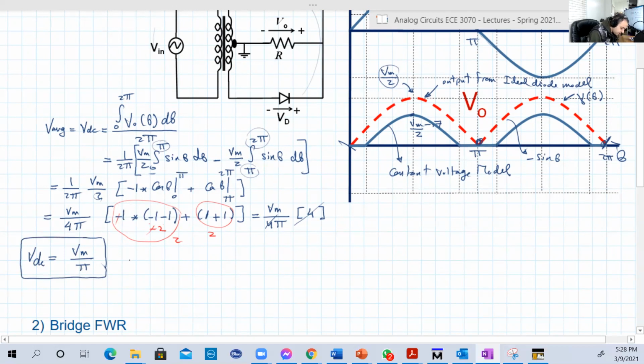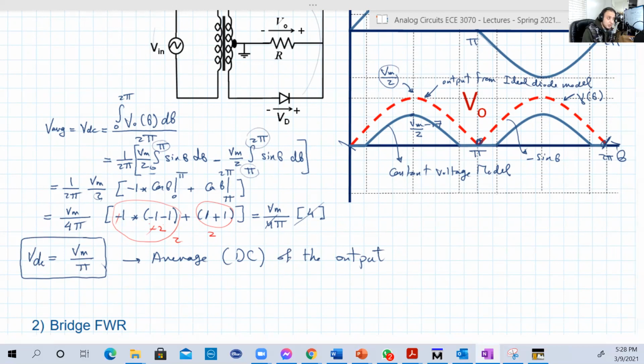So the average, this is the average or DC of the output. Okay. That's very good. One may say this was basically the one we get with the half wave, and that's right. That's absolutely right.